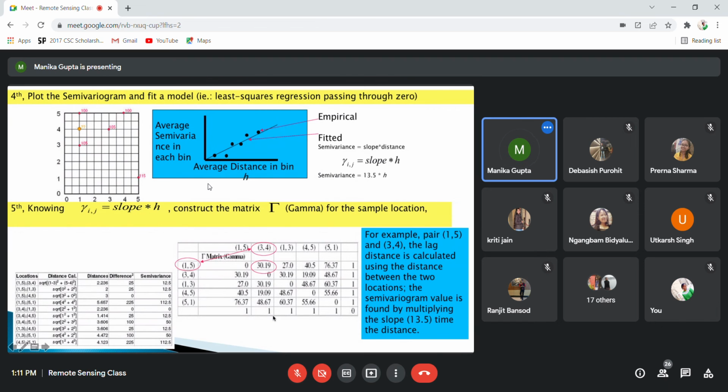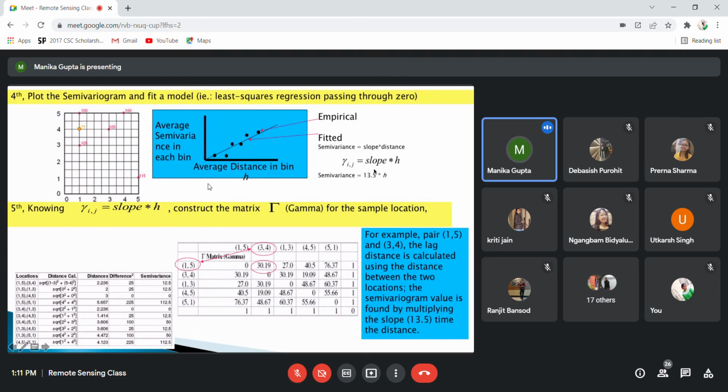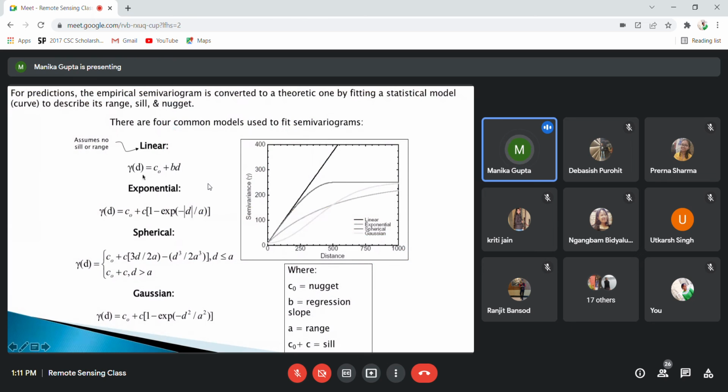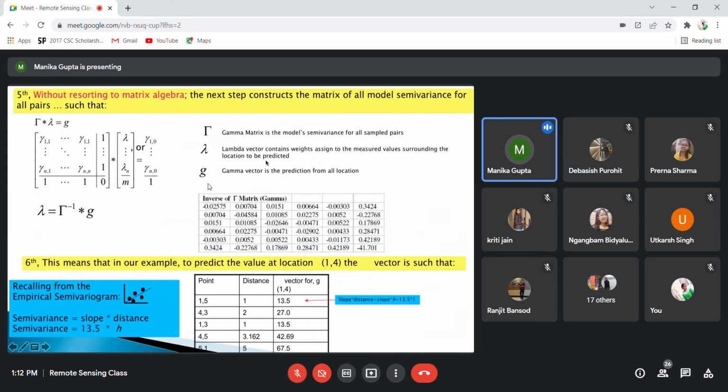We have fitted a linear line here, but you can have other methods also. As you change the trend lines, your equations become a little more complicated. For simple understanding, we have just used a linear fitted line to keep it simple.